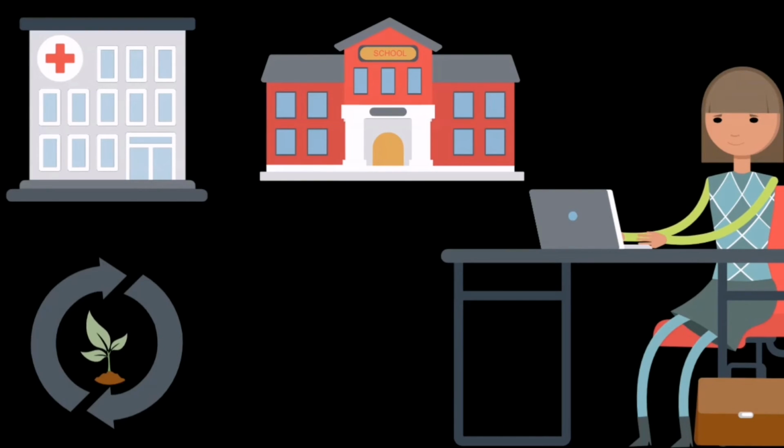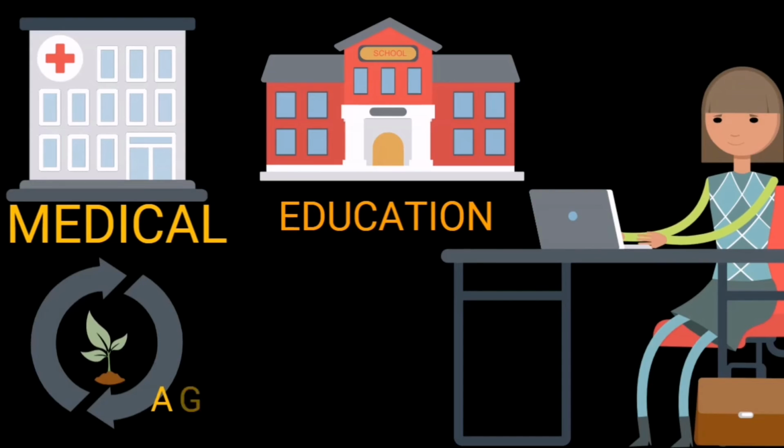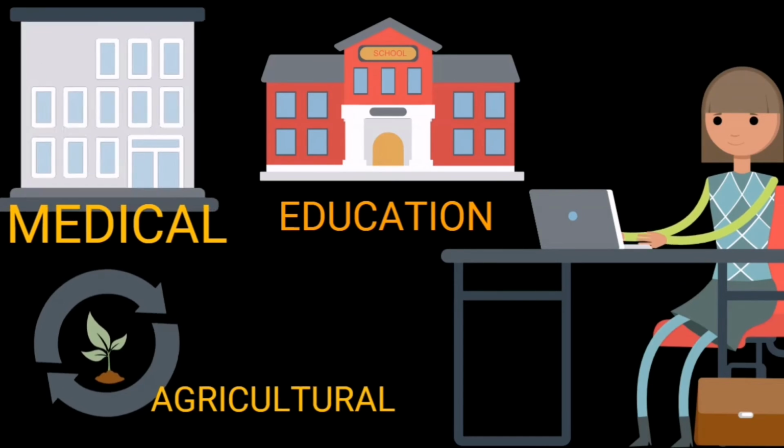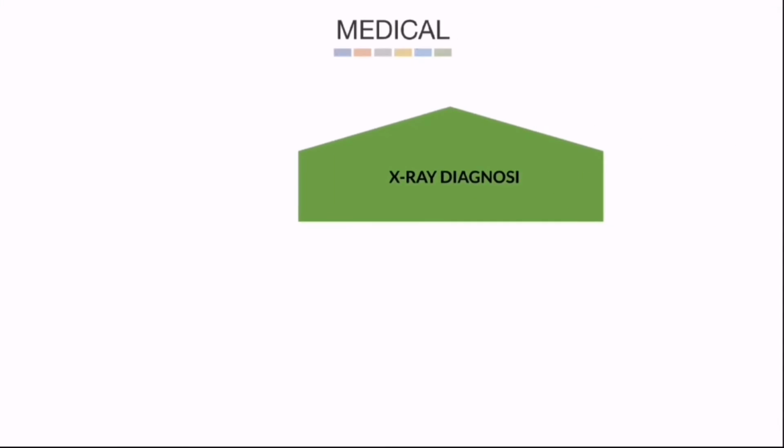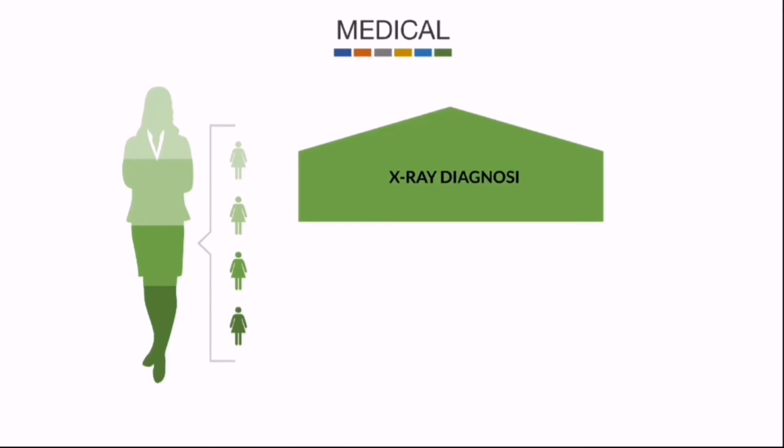Okay, examples of expert systems in fields such as medical, education, and agricultural. I will explain the medical expert system. An example of an expert system used in medicine is X-ray diagnosis.